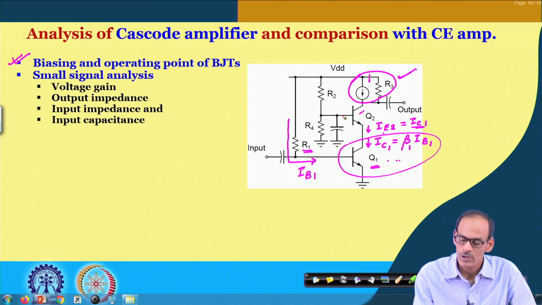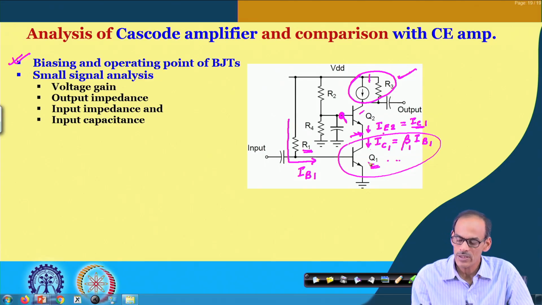But of course, one minor thing is that the base terminal of Q2 should be set at a voltage such that after deducting its VBE, namely around 0.6, whatever voltage you have should not force Q1 into saturation.